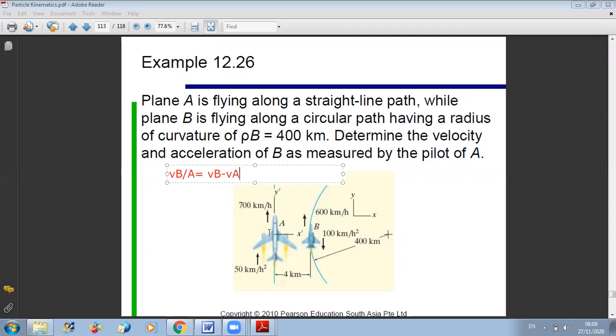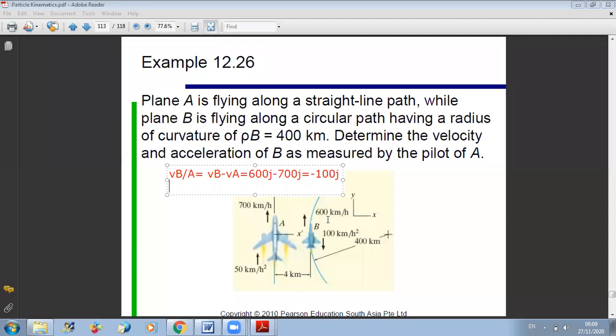So for A, it's along plus J, it's 700 kilometers per hour. And for B, it's also in the positive direction, but it's 600. So I have 600 J minus 700 J equals to minus 100 J. Okay, so this is V of B relative to A.